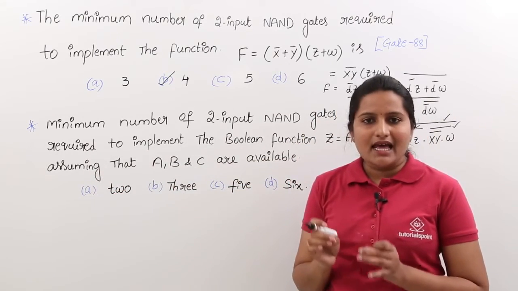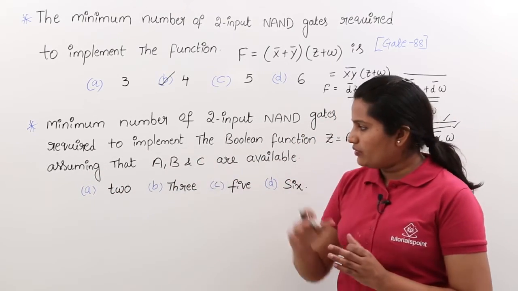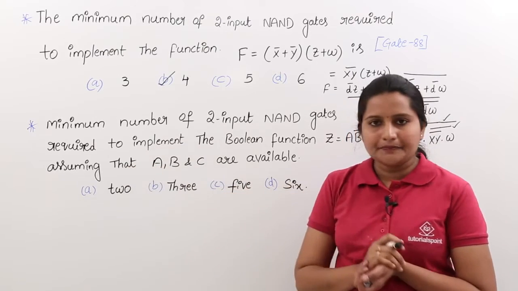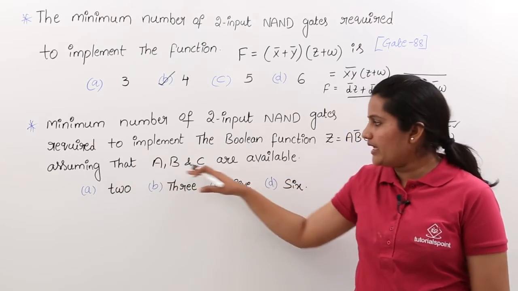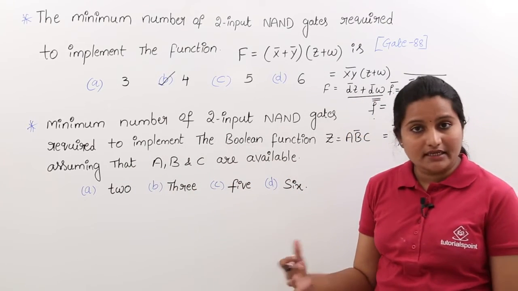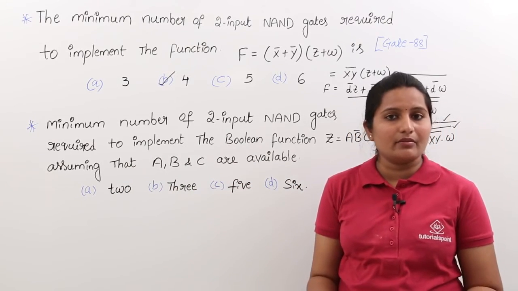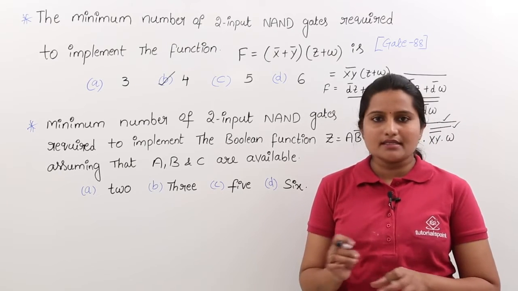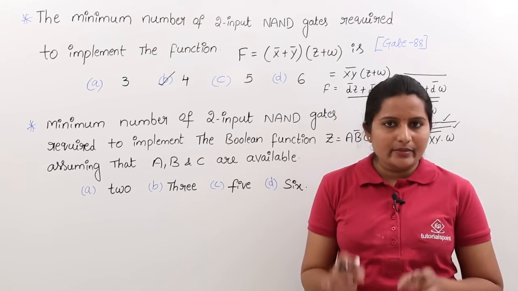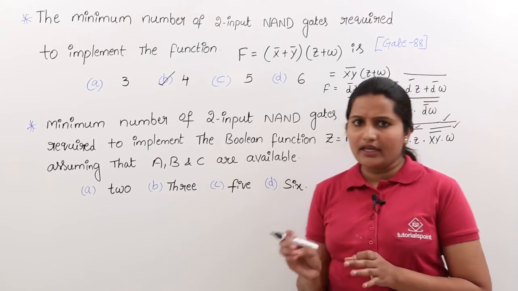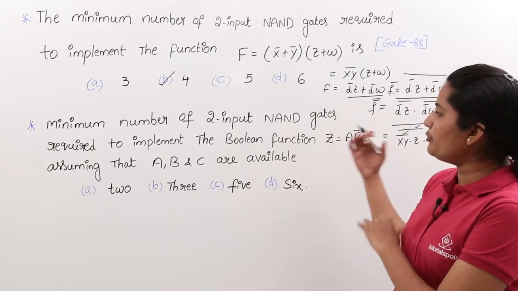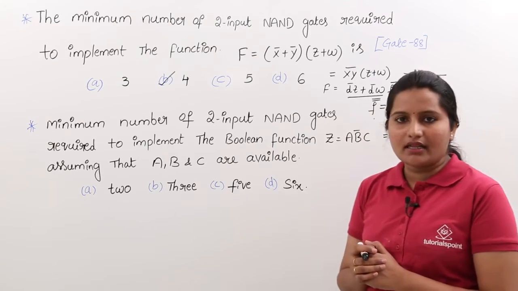That means indirectly the questioner is saying that only A, B, C are available, so B bar is not available. If only A, B, C are available, how many 2 input NAND gates are required, they are asking.